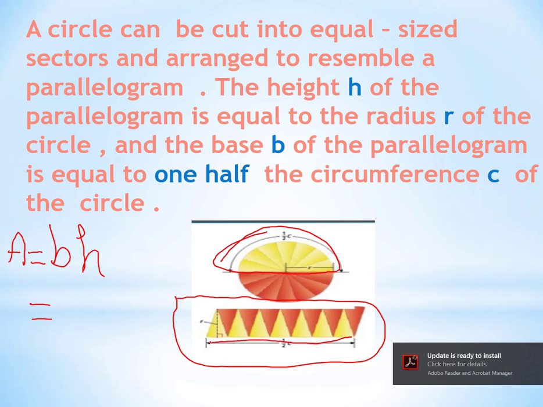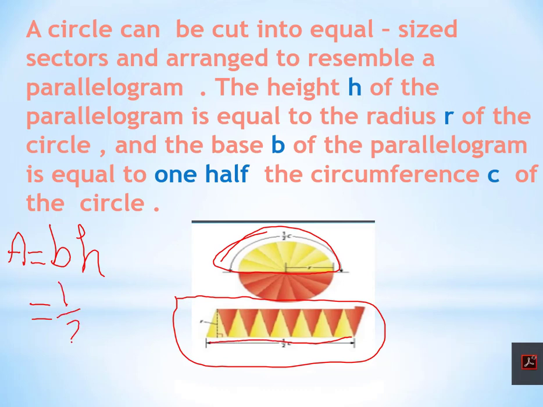So the base equals half the circumference, and the height, as you see, what's the height here? The height here is r. So the height equals r. Again, when we cut the circle and paste it, we get this shape.